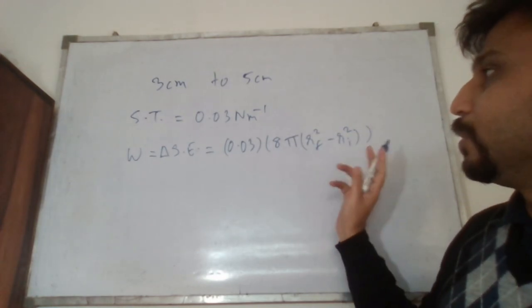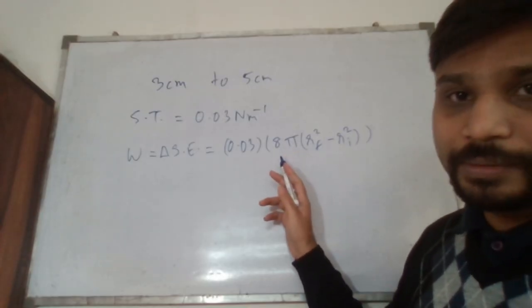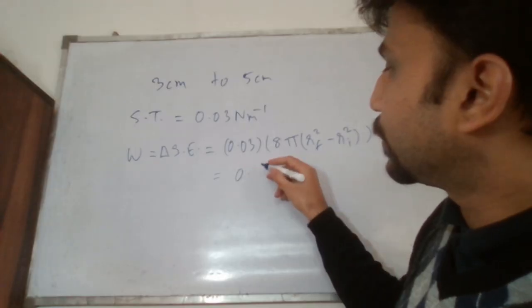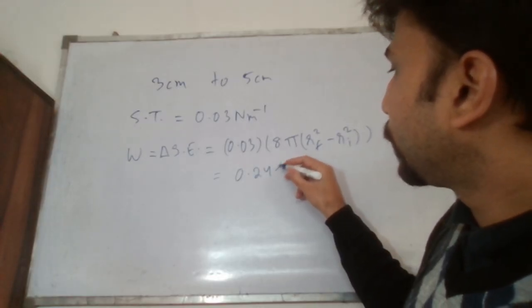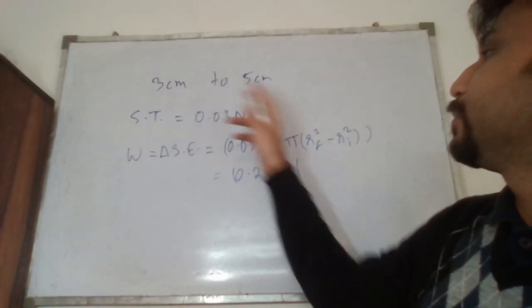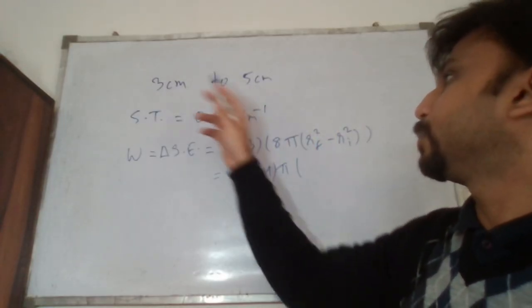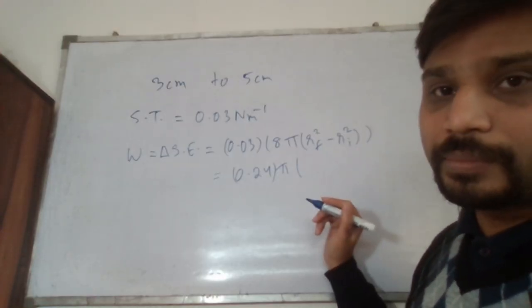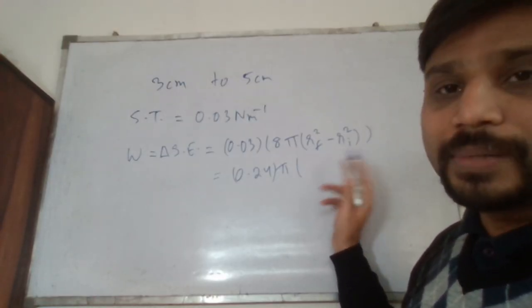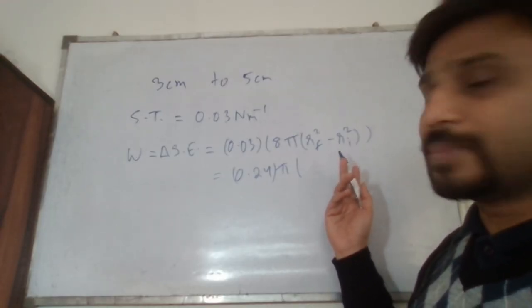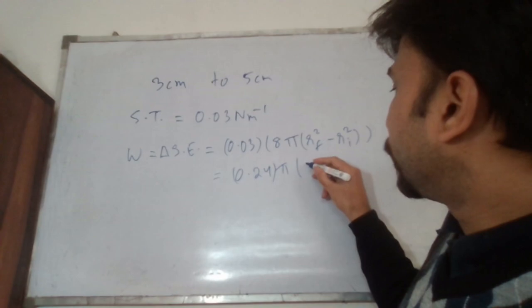I have already taken factor 2 inside, so this 4 pi has become 8 pi. So this becomes 0.24 pi, and I'll put the value 5 here and the value 3 here. So this is 5 square minus 3 square. So this will be 5 plus 3 into 5 minus 3. So it would be 16.